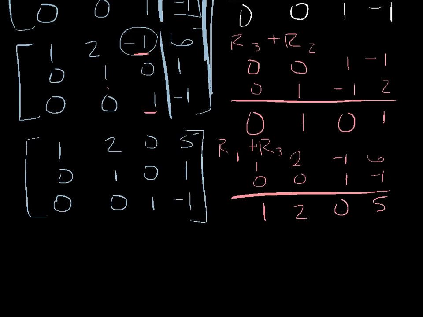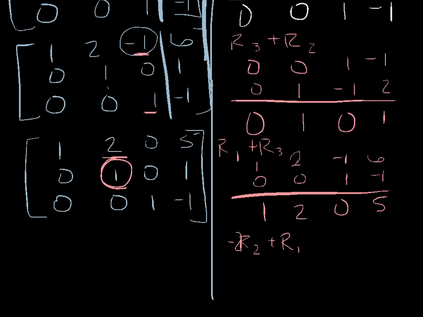My last step is to eliminate this 2. I have to use another entry in the column to do that. So I notice I have this 1 here. So my row operation is going to be negative 2 times row 2, and then add that to row 1.